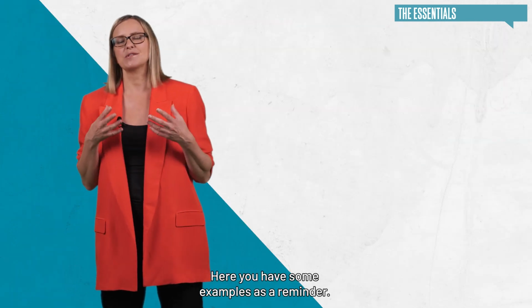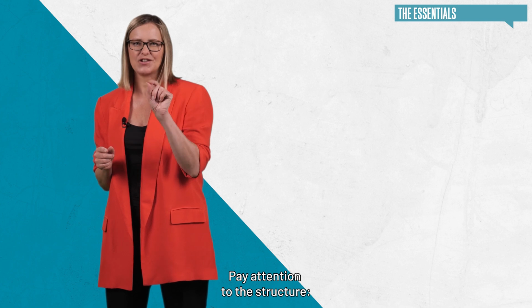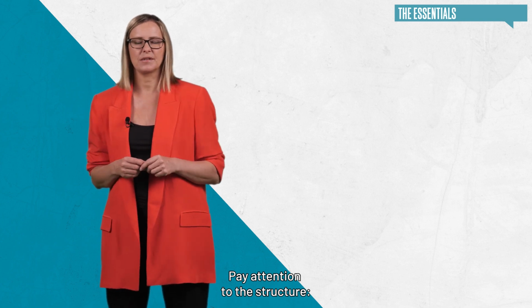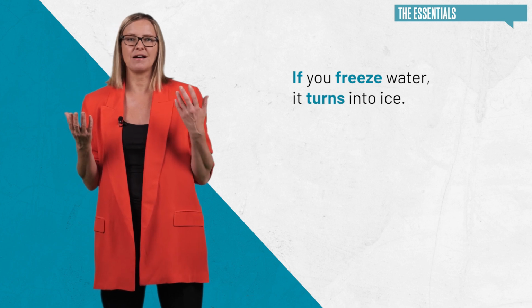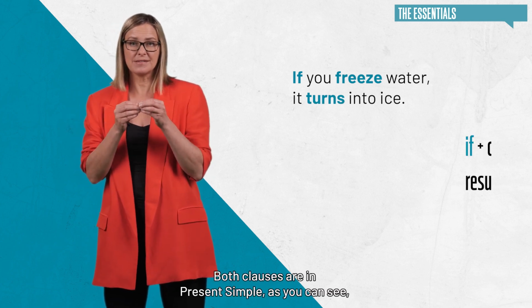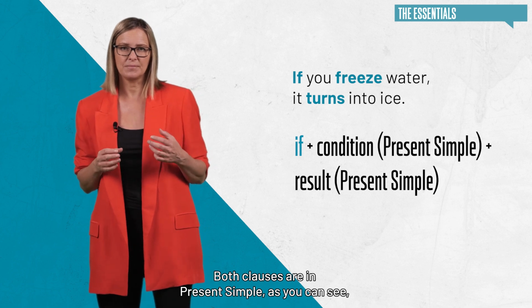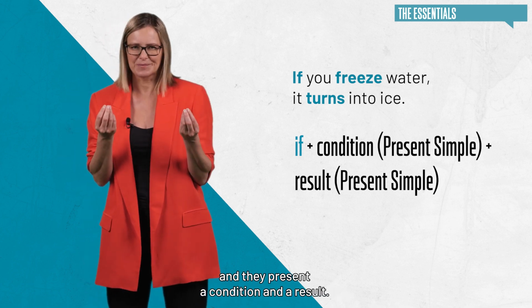Here you have some examples as a reminder. Pay attention to the structure. If you freeze water, it turns into ice. Both clauses are in present simple, as you can see, and they present a condition and a result.